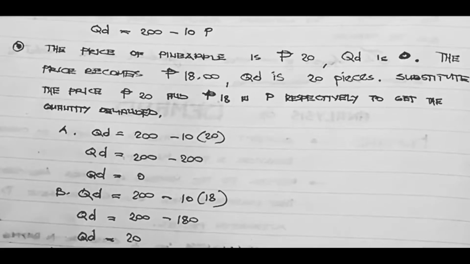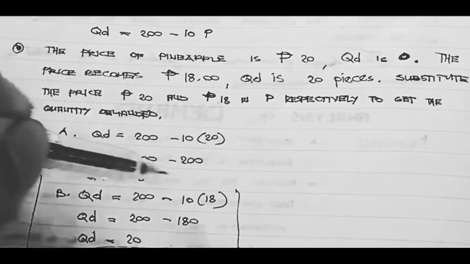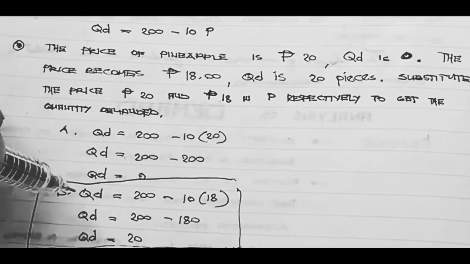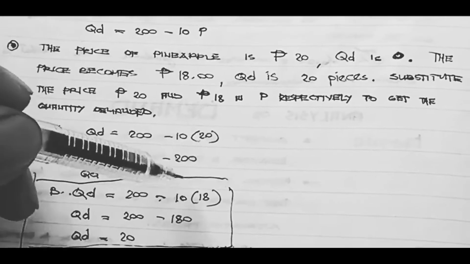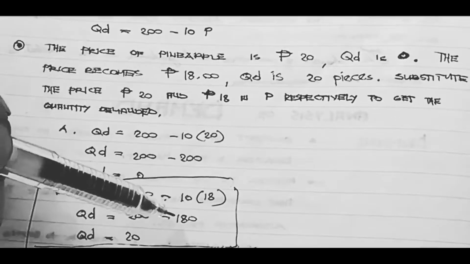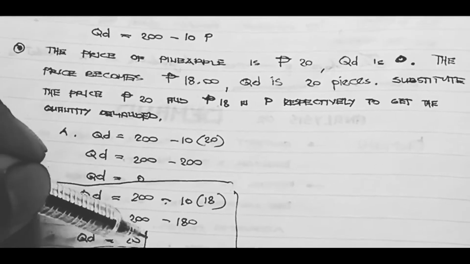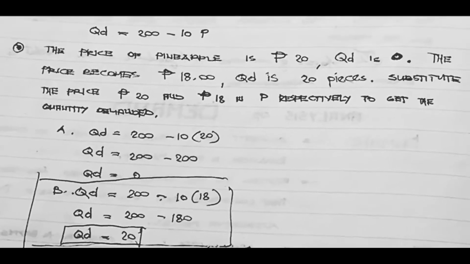Here you can see quantity demanded is equal to 200 minus 10P. We replace P with 18, so 200 minus 180, and that is now our quantity demanded equals 20.